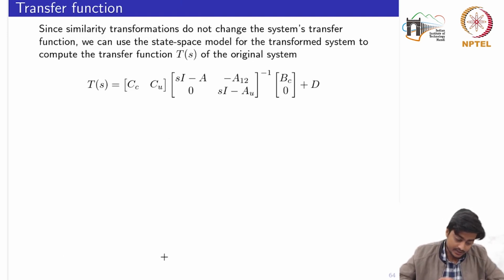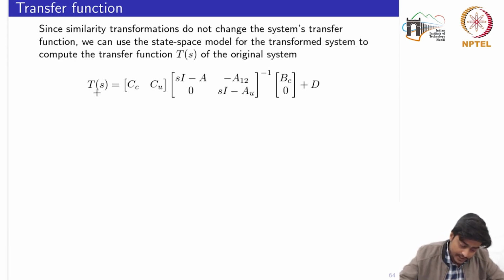Let's see the transfer functions. Since the similarity transformations do not change the system transfer function, which we had seen in the first week when we were discussing the equivalence transformations of the two different pairs, if we compute this T(s), which is C (sI minus A) inverse B plus D, this is the overall transfer function we had computed.